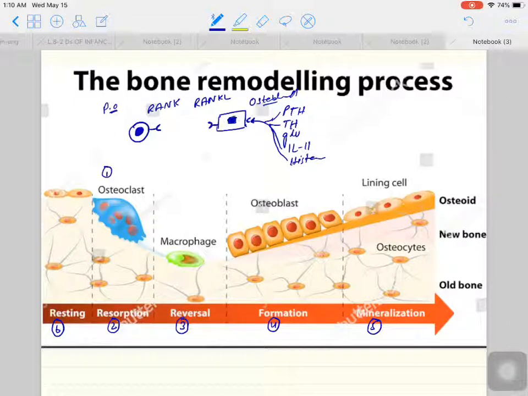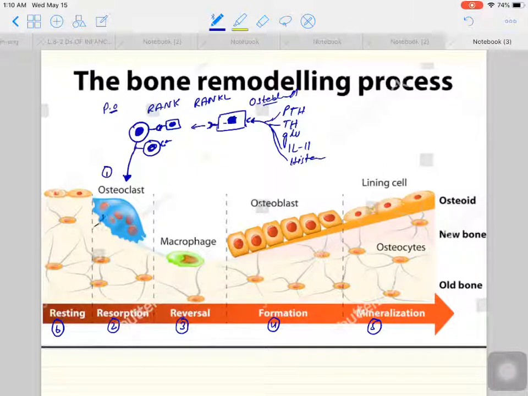Once the osteoblast is activated, it synthesizes RANK ligand and expresses it on the surface, and this RANK ligand now forms an interaction with the progenitor or precursor osteoclast. Many precursor osteoclasts interact like this, they fuse and they form mature osteoclast.